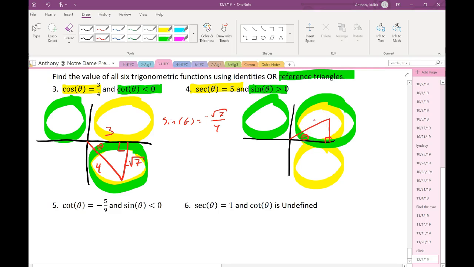So secant is hypotenuse over adjacent. And then if I use the Pythagorean theorem, that's going to be square root of 24, or 2 root 6. And then you can apply SOHCAHTOA to finish that out, right?